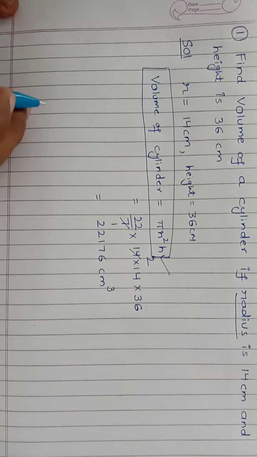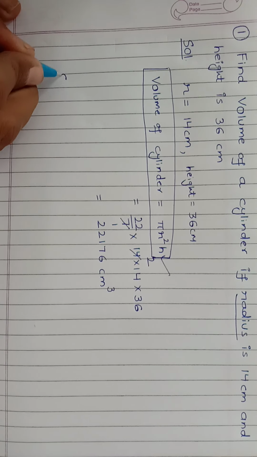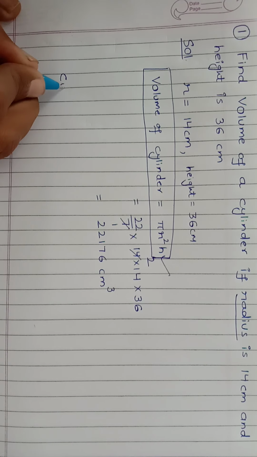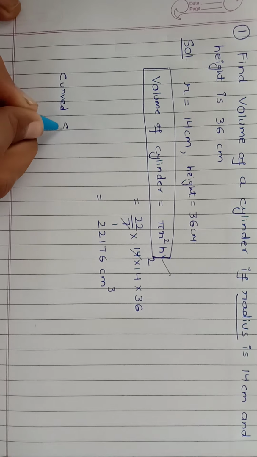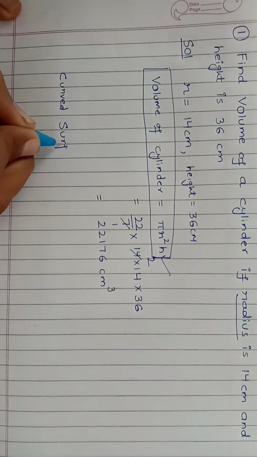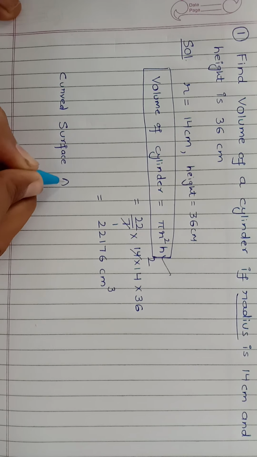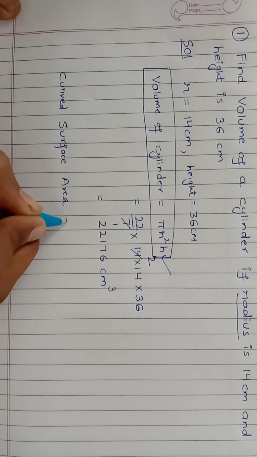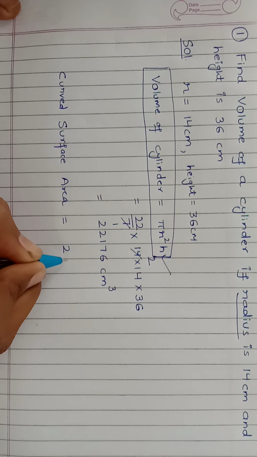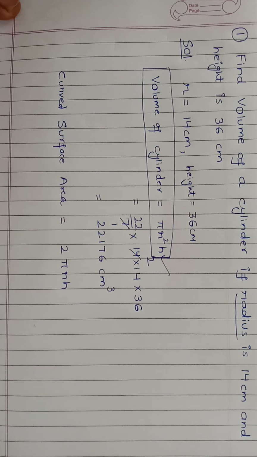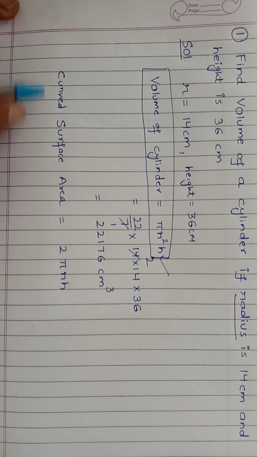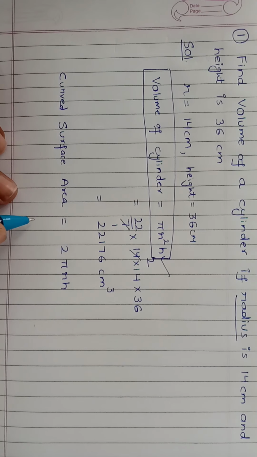If in the same sum you have to find CSA of a cylinder, curved surface area of a cylinder, how you will find it? The formula is 2 pi r h. It is the formula to find CSA of a cylinder.